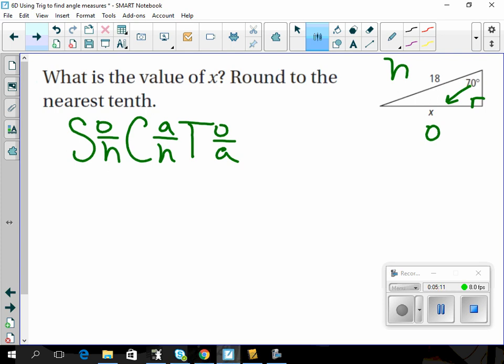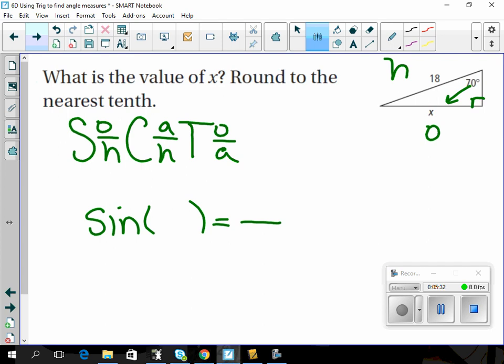So looking at my SOHCAHTOA, OH, which trig function is that? It's your sine. All right, so we know it's the sine of, right, we got to put our angle measure on the inside there.